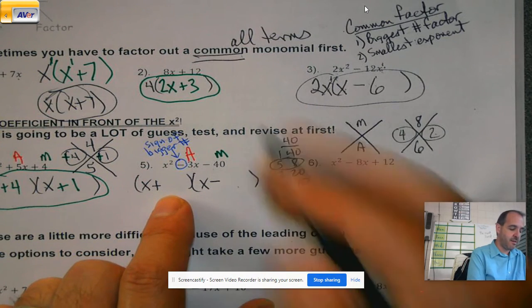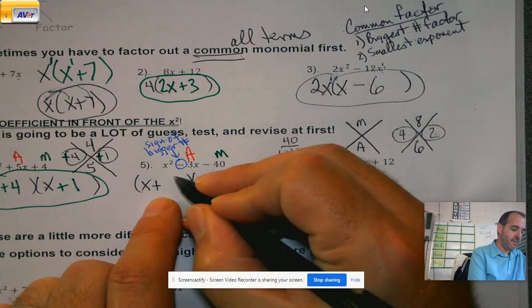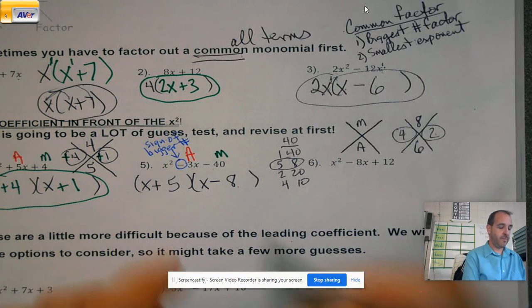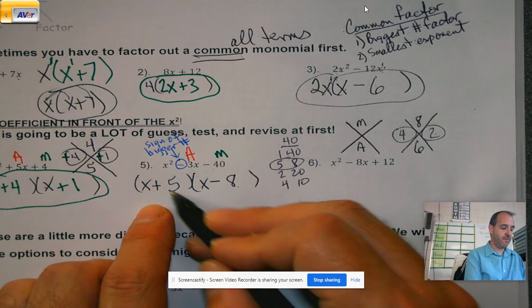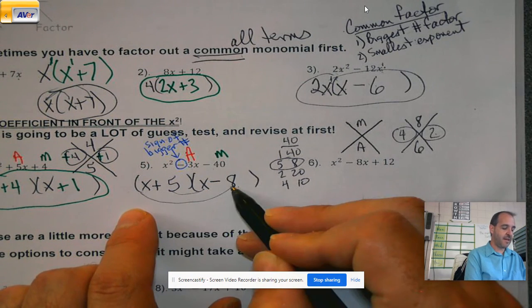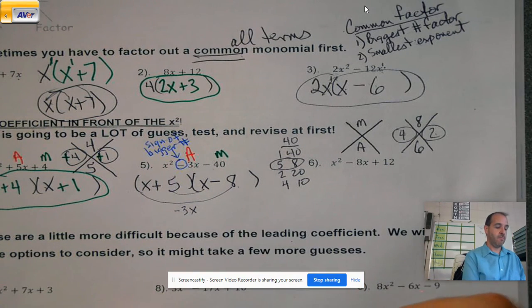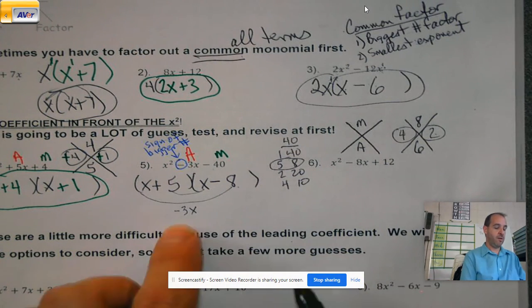So the 8 is going to get the negative, and the 5 is going to get the positive. Because if I FOILed this out, positive 5 and negative 8 make negative 3, my inner and my outer, and I quick test it.